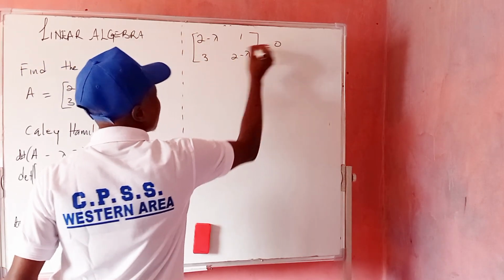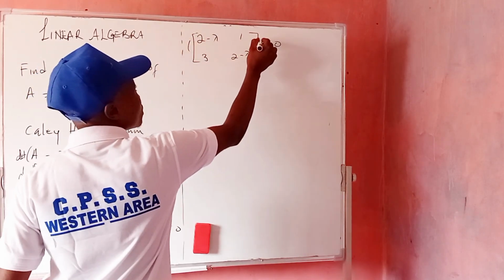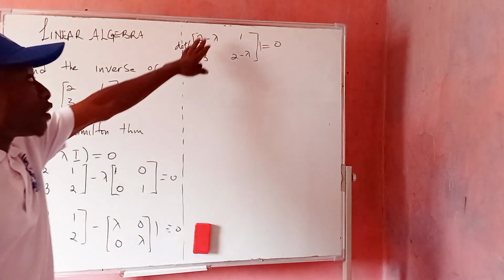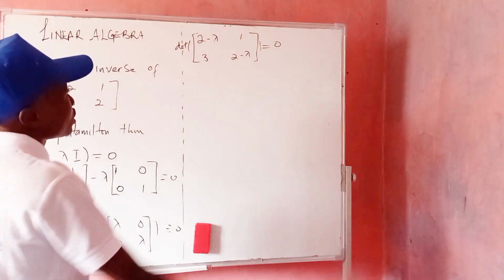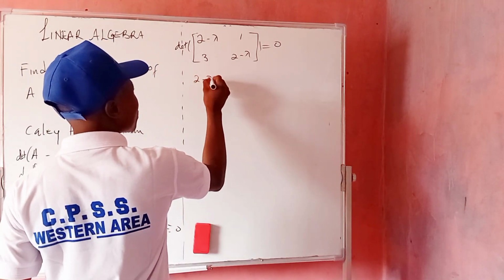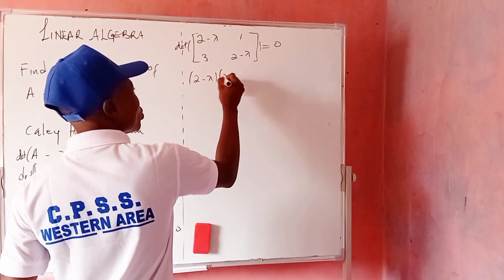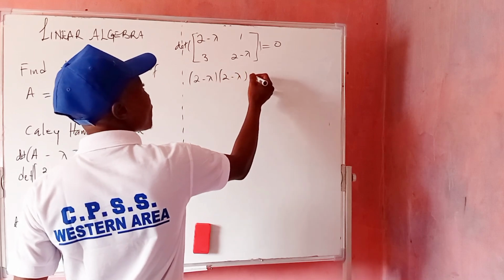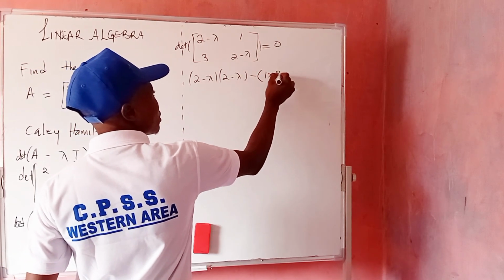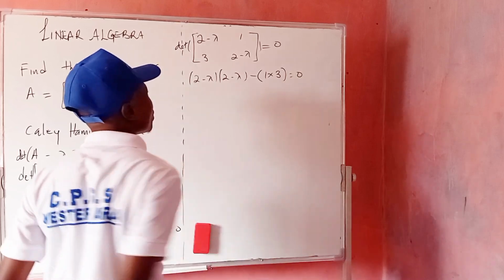So, we say the determinant should be equal to 0. Now to find the determinant of this matrix, you multiply the leading diagonals. So 2 minus lambda times 2 minus lambda, minus 1 times 3. Everything should be equal to 0.